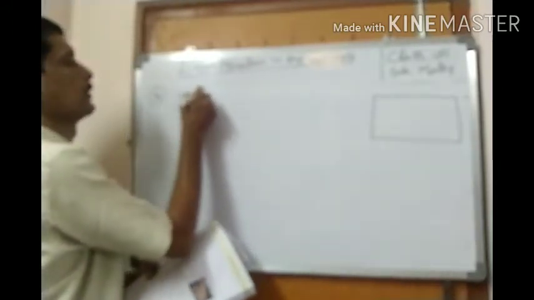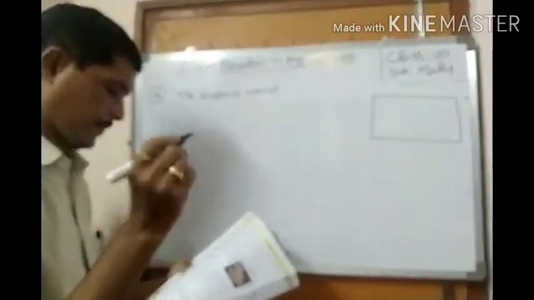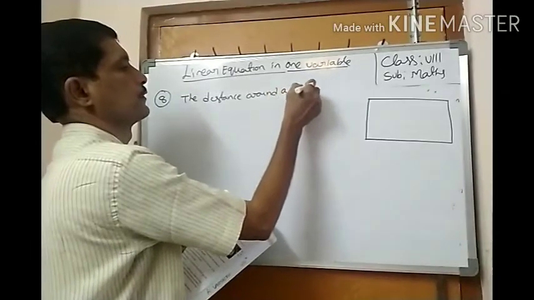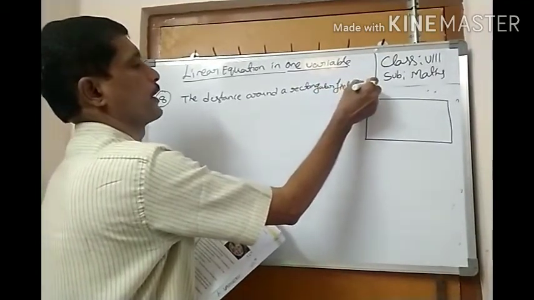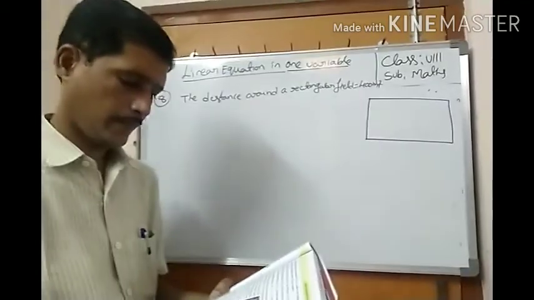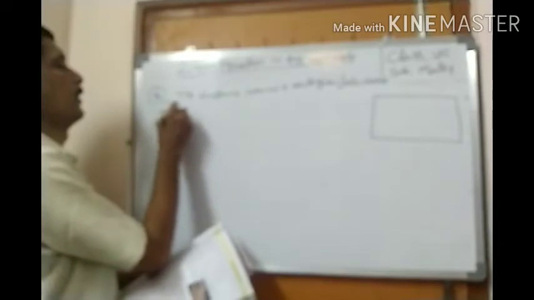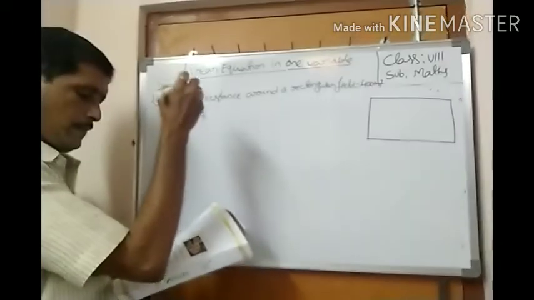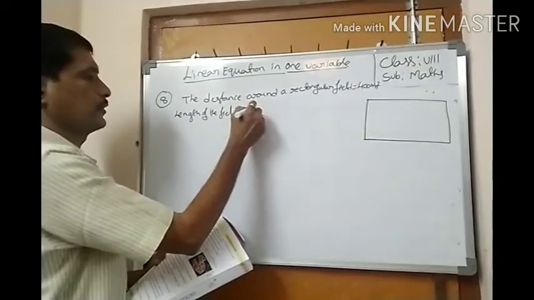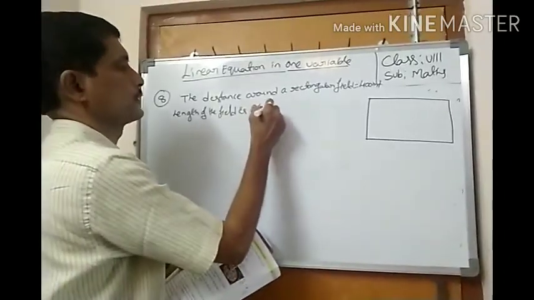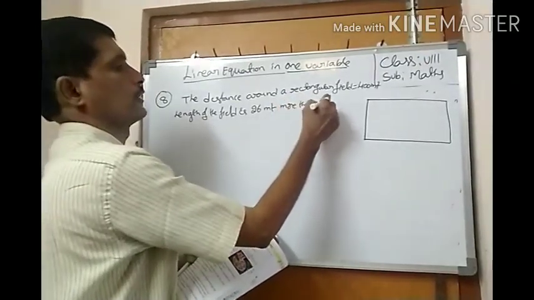The length of the field is 26 meters more than the breadth.